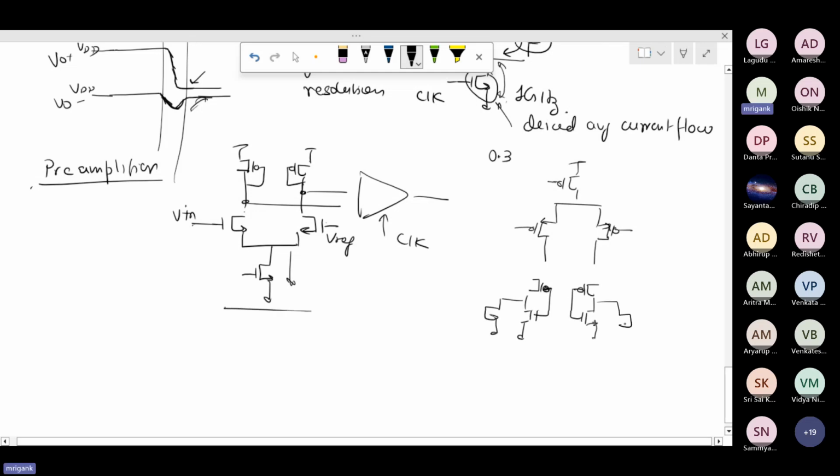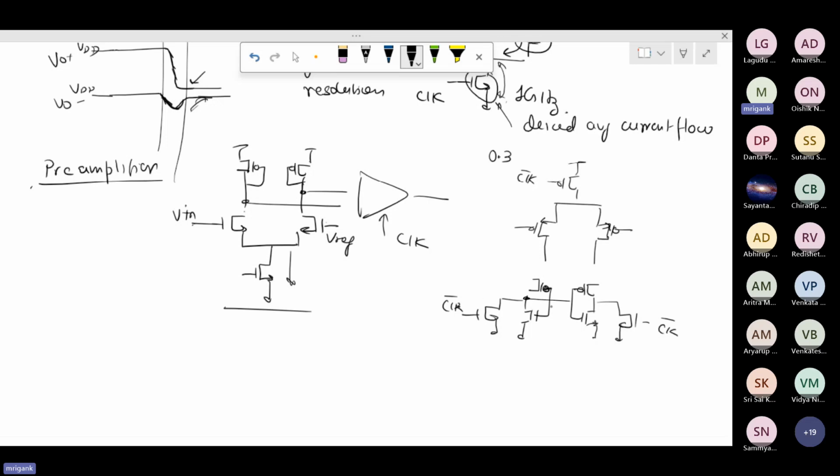In this case, this comparator, what will it do? This will be CLK, CLK. When CLK comes, you can put the CLK bar also, and then you can put this as CLK bar. So that when CLK is high, it will be evaluating, and when CLK is low, it will be pre-charging.